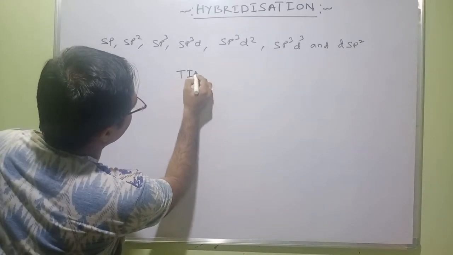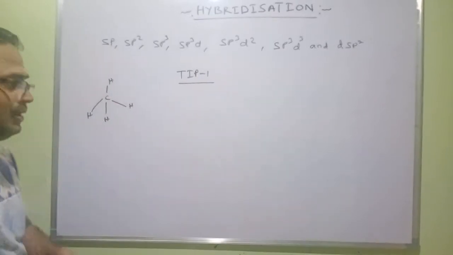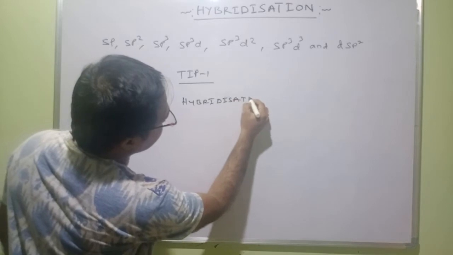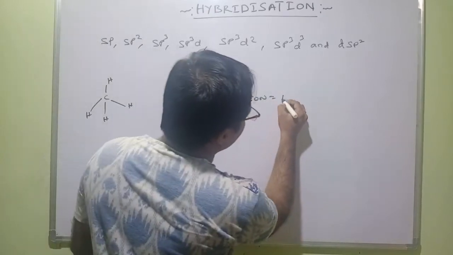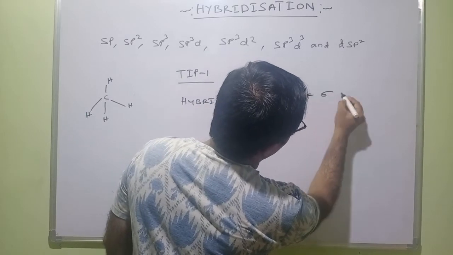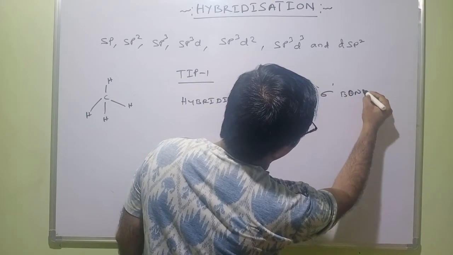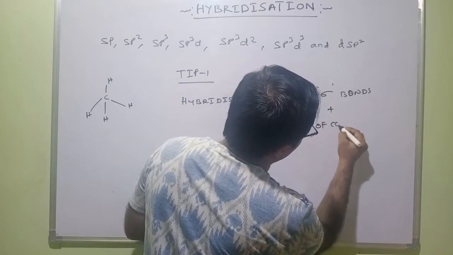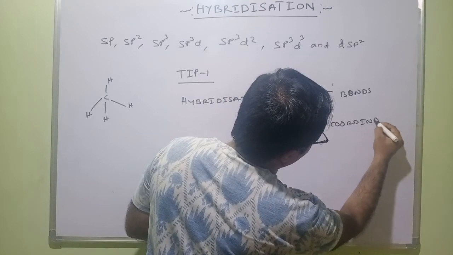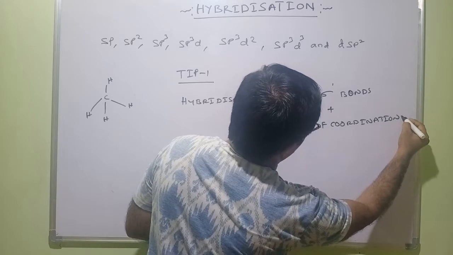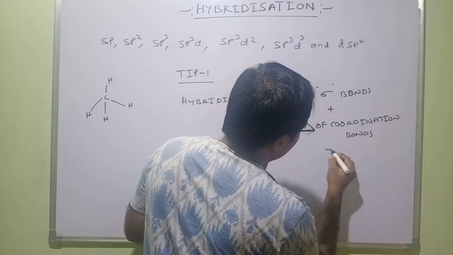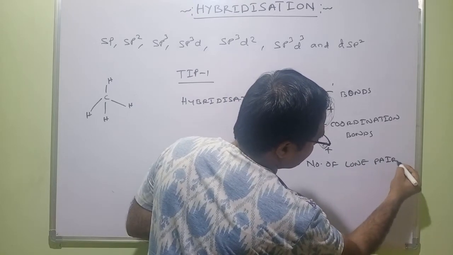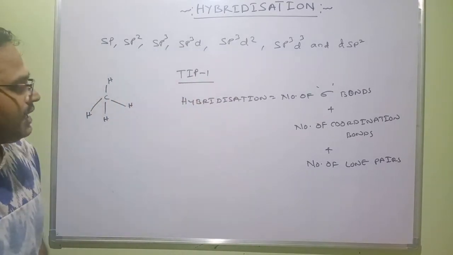Tip 1: Hybridization equals the number of sigma bonds plus the number of coordination bonds plus the number of lone pairs around the central atom.